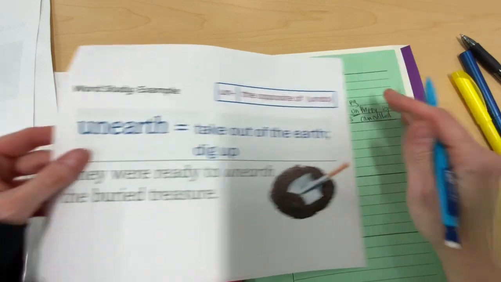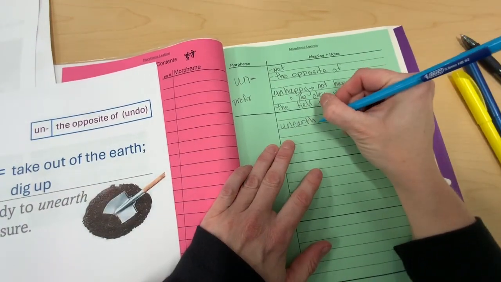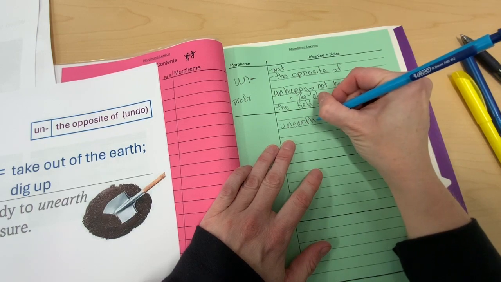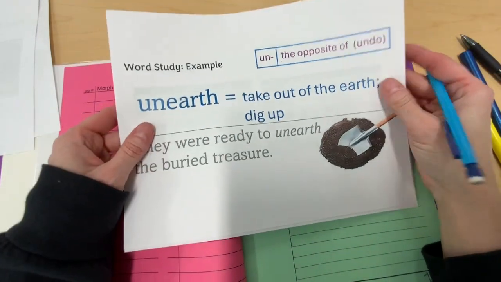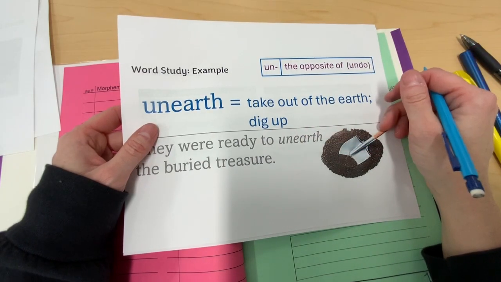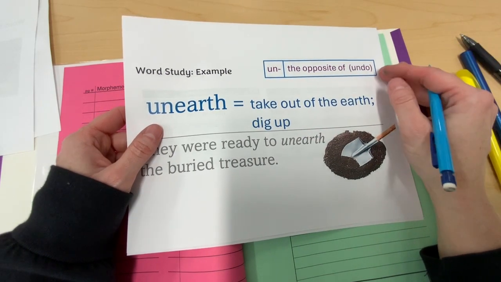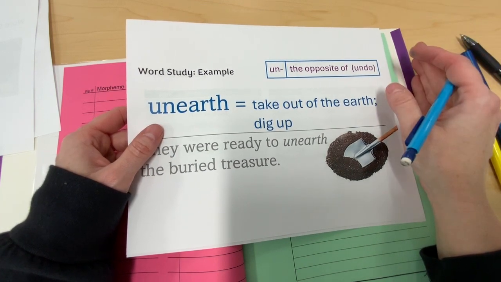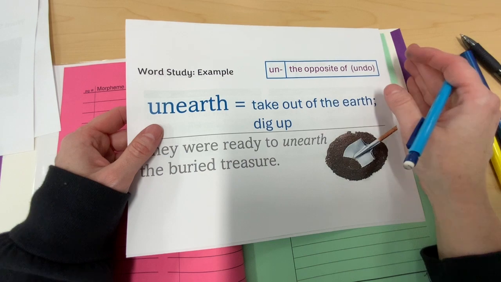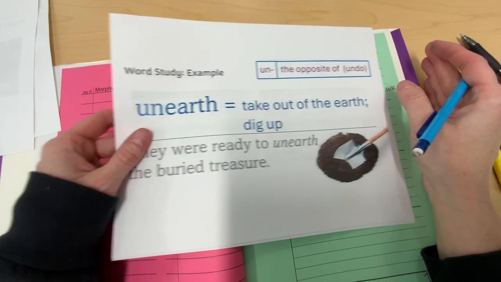So now I'm going to come back over here to my notes. Unearth. And if you want, choose one. For the case of notes today, I don't want you to panic that you're doing anything wrong. However you take notes is typically right. The idea here is that you are leaving the lesson knowing what un means as a prefix.